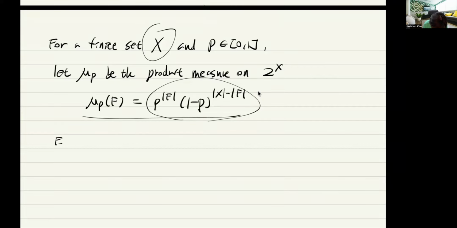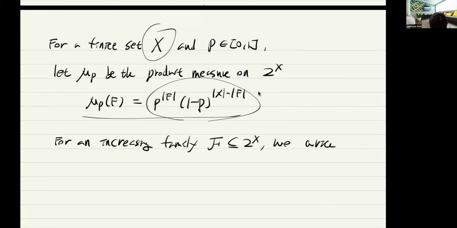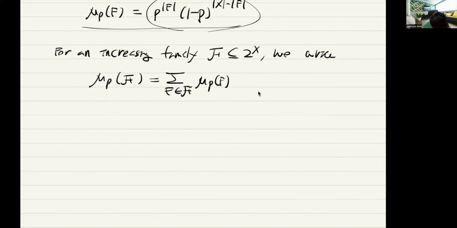And for an increasing family, say F, we write that mu_p of F is the summation over all the members there, you add the probability of choosing them.